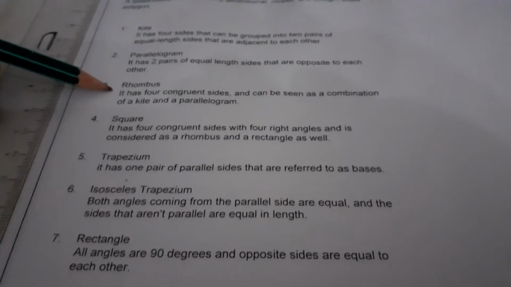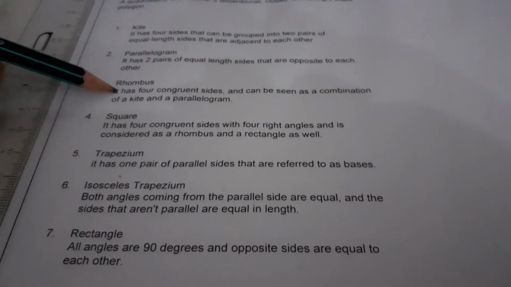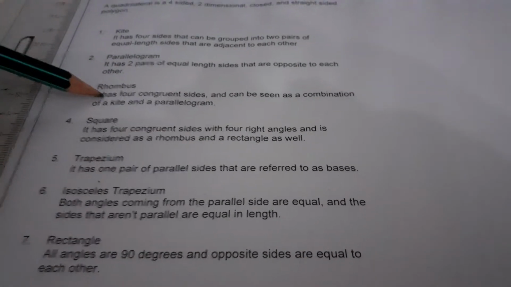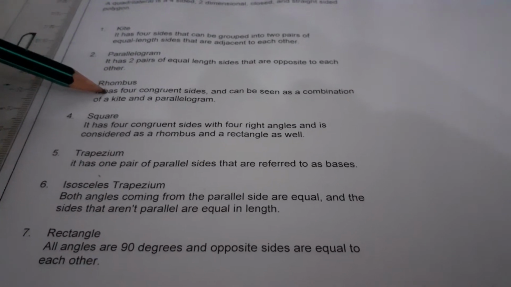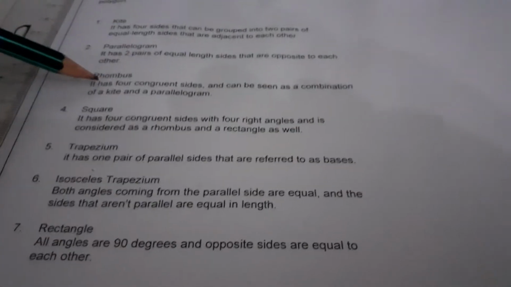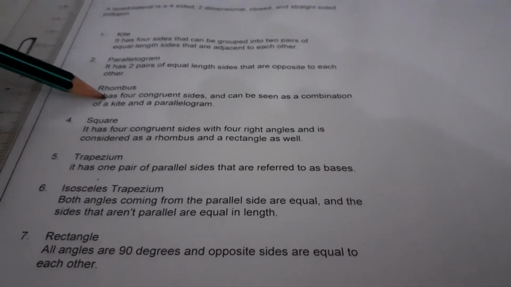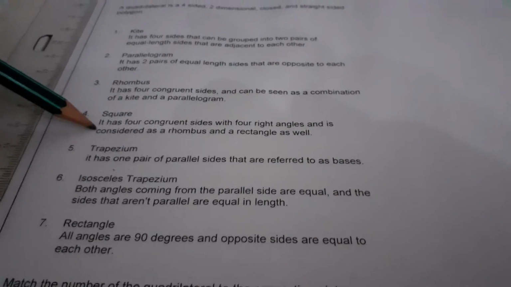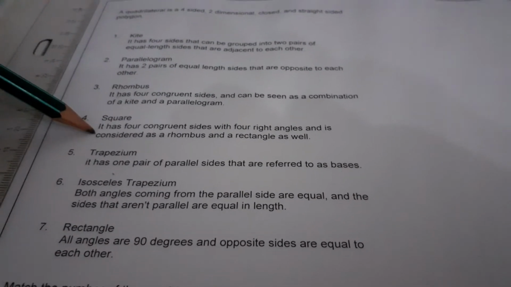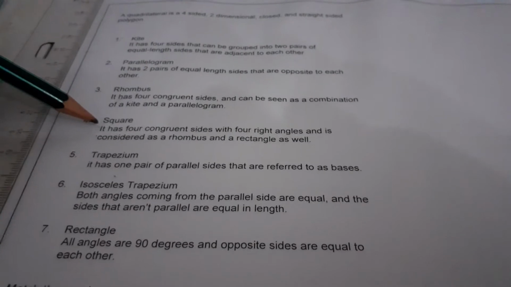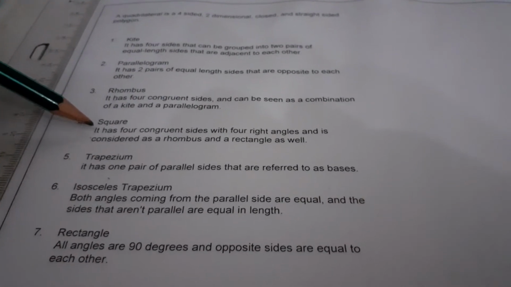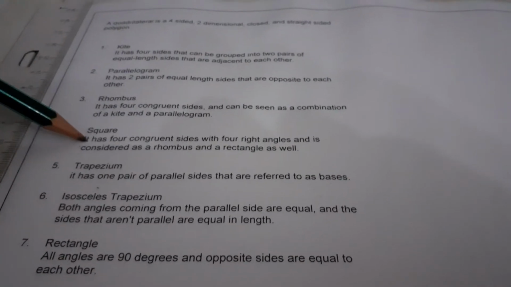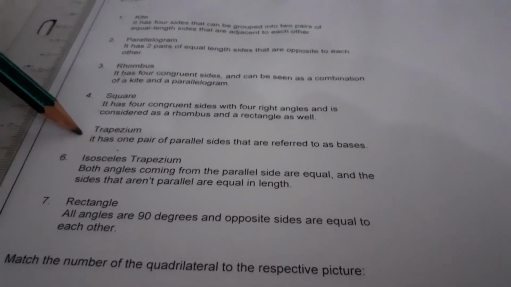We have the rhombus. It has four congruent sides, equal in length, and can be seen as a combination of a kite and a parallelogram. Okay? Square. It has four congruent sides, equal sides, with four right angles and is considered as a rhombus and a rectangle as well. Trapezium.